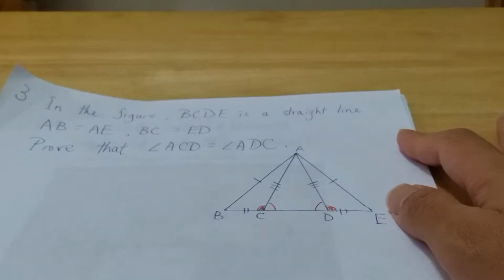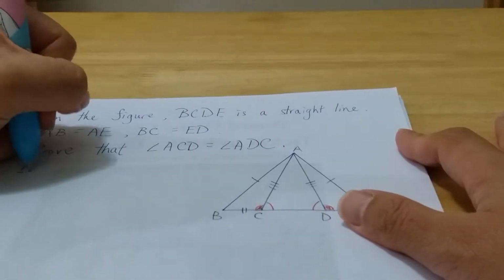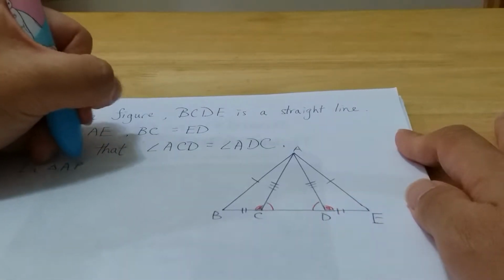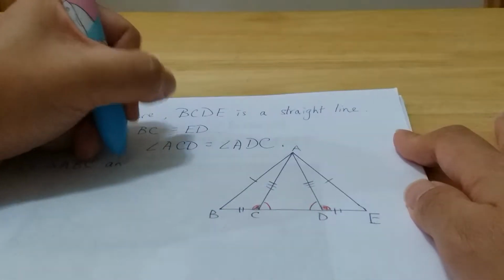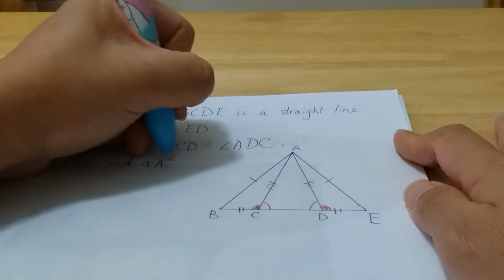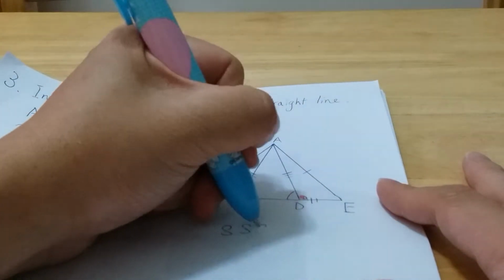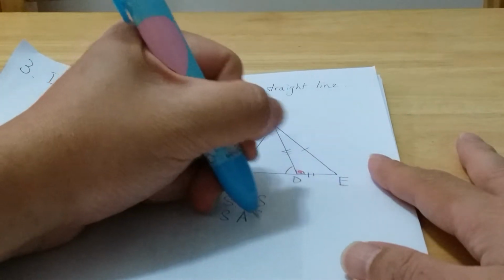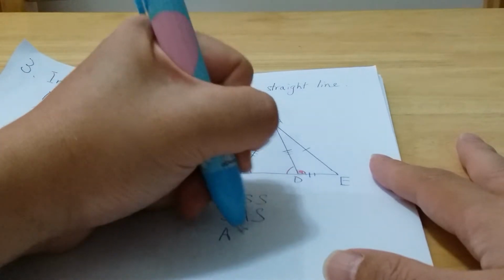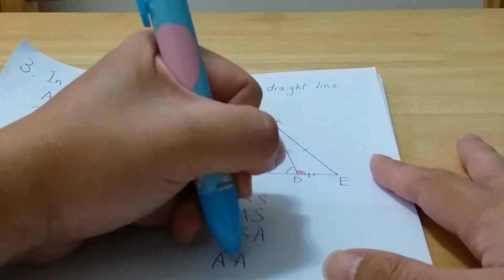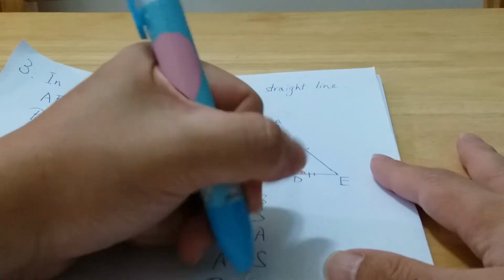So first of all, why don't we prove the congruence of triangle ABC and triangle AED. Now look at this once again: SSS, SAS, ASA, AAS and RHS.